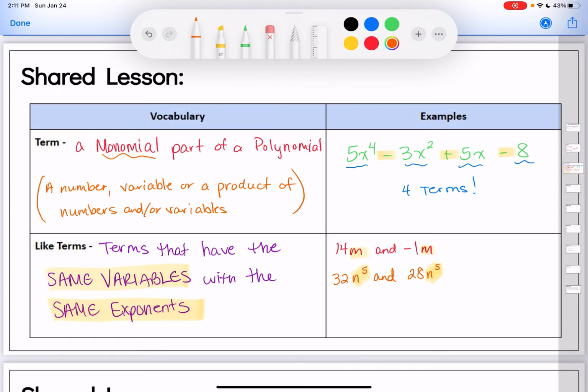So that would count. I could have 6x squared y and negative 8yx squared. Notice I have an x squared in both, and I have a plain y in both. I have the exact same variables with the exact same exponents. Even though they're not in the same order, they're still like terms, so be ready for that.